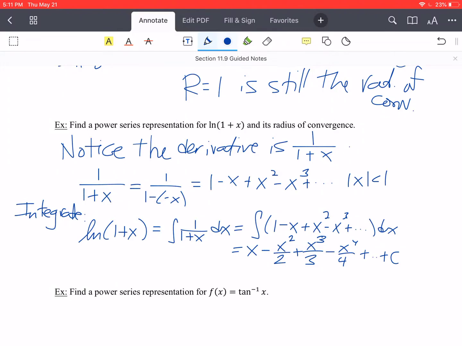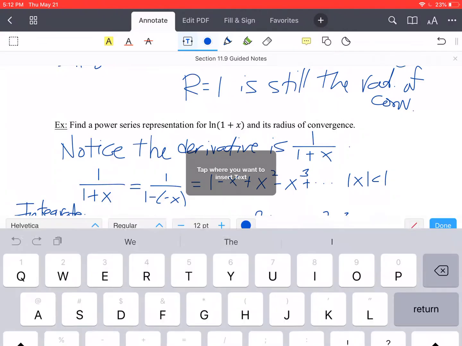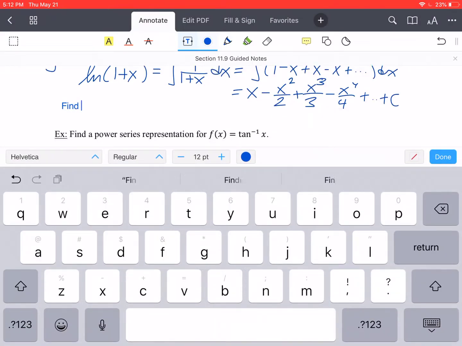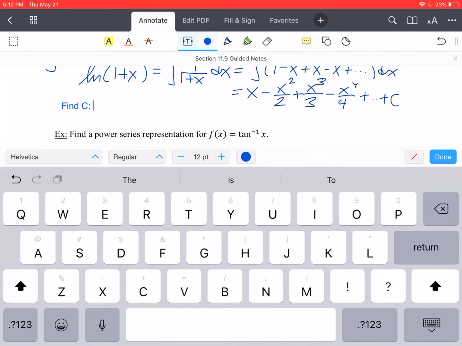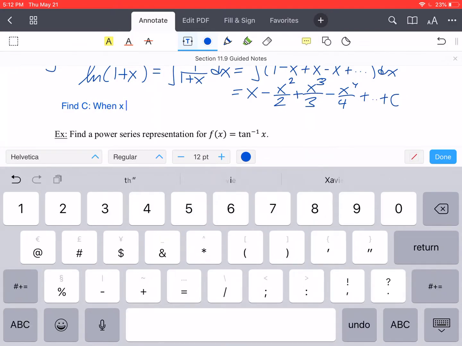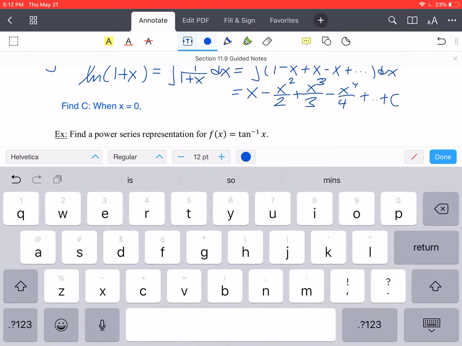Now, we can go ahead and find c, just really quickly here. When x equals 0, look at that initial case.